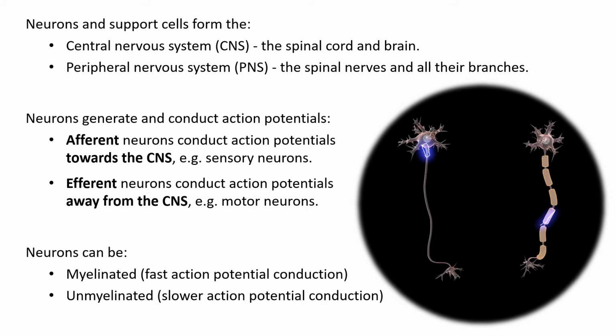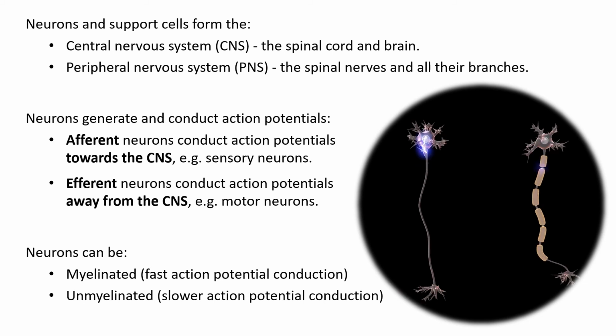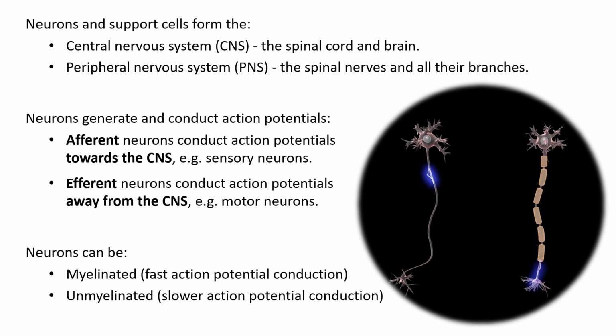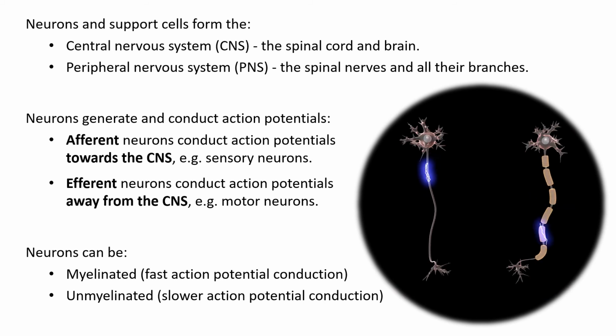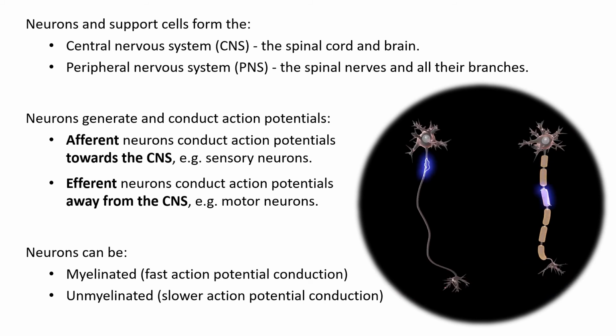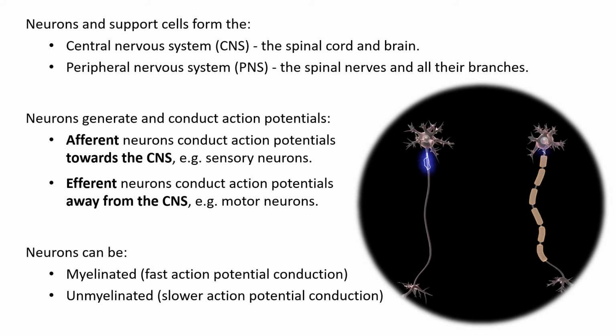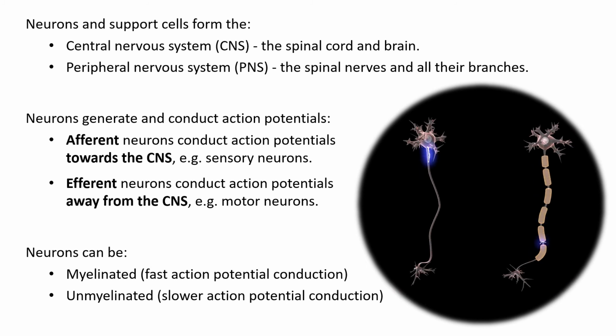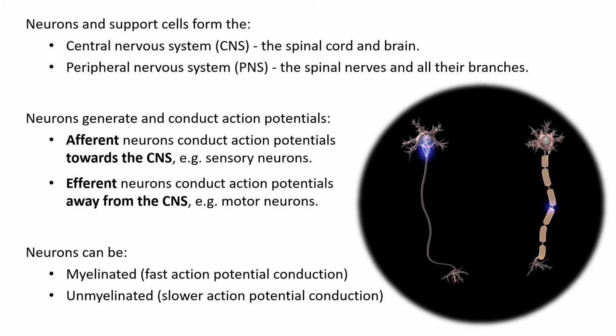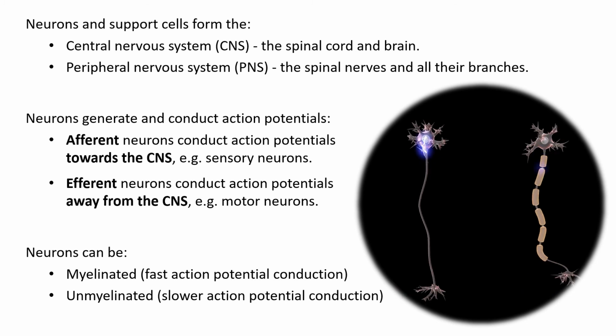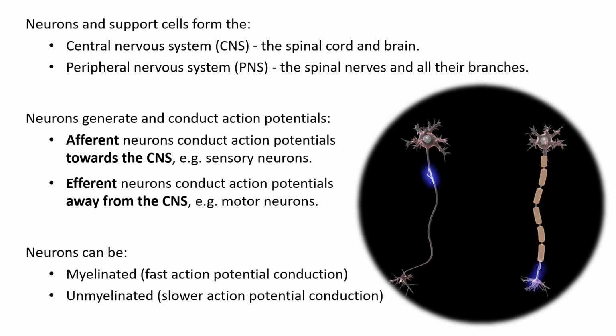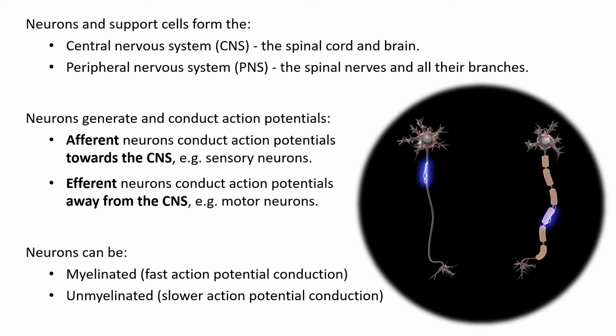It's called saltatory conduction. More on that a bit later. But you can see in the diagram, if you compare the action potentials going down them, it's a lot slower conduction in unmyelinated neurons.